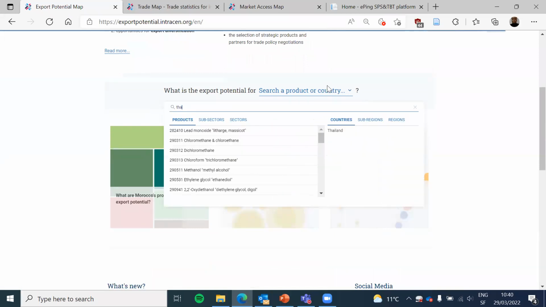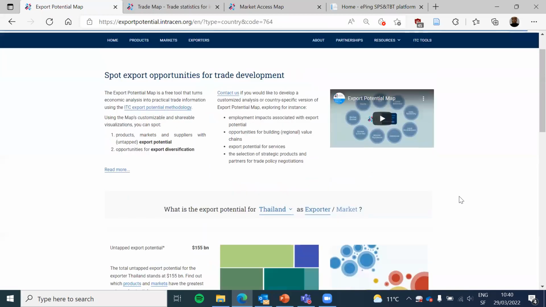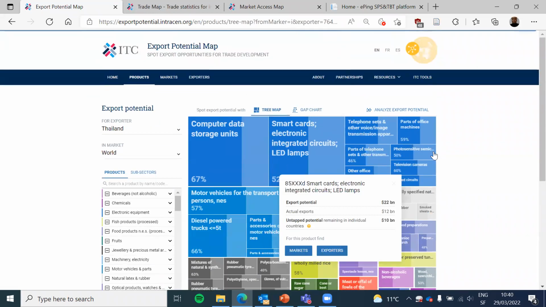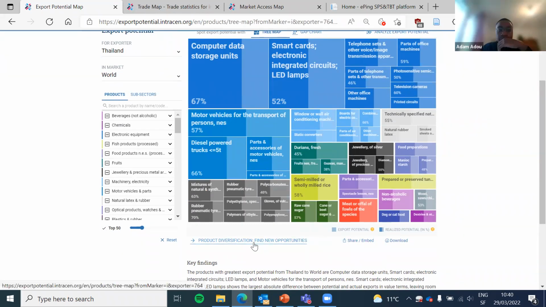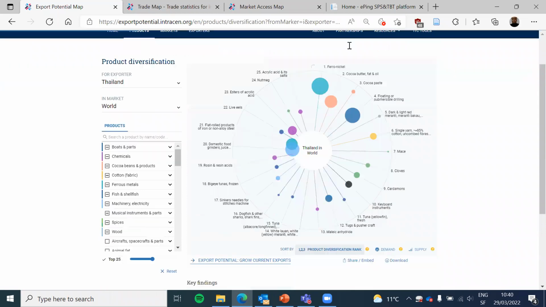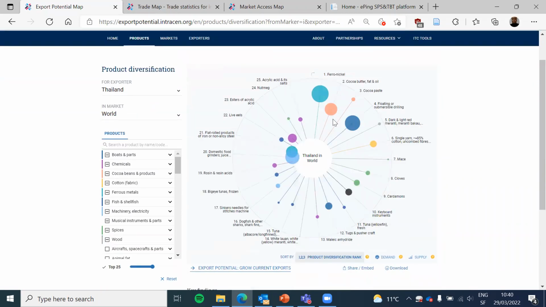If you look at Thailand, for instance, and you go to this product, and you want to see the diversification, what are the possibilities of diversification of Thailand when exporting a product? You click on this, and you see the different products for which Thailand has possibilities in terms of export potential. So if you're not exporting ginger and you think other products can be interesting, you will find them here. And when you look at this, the circle still represents the demand for your product.